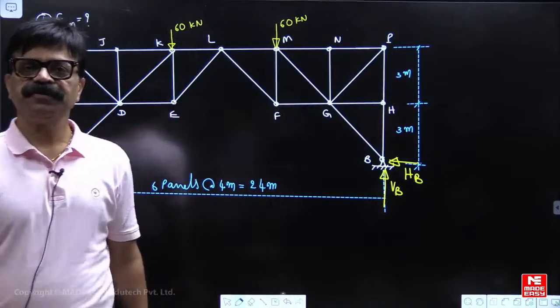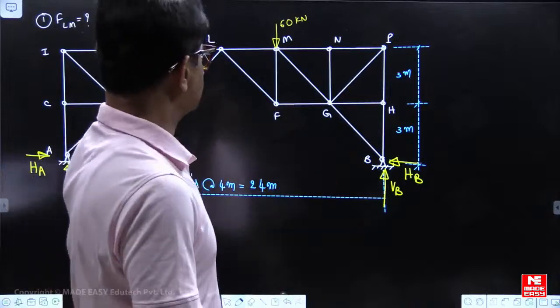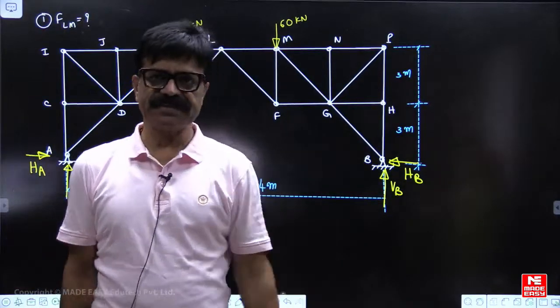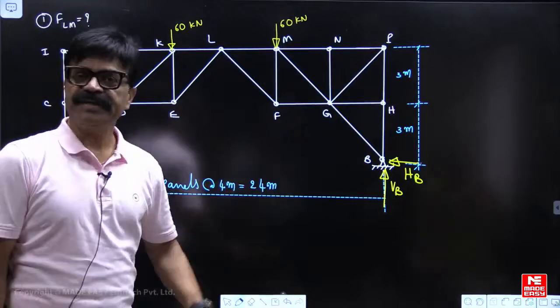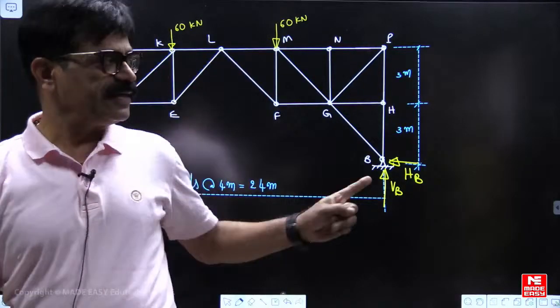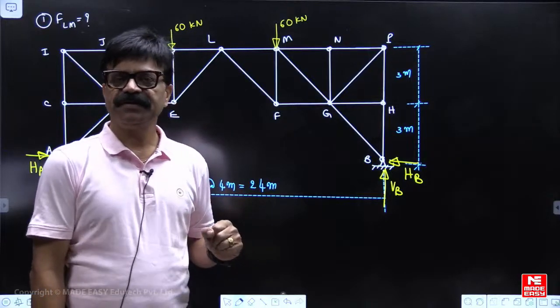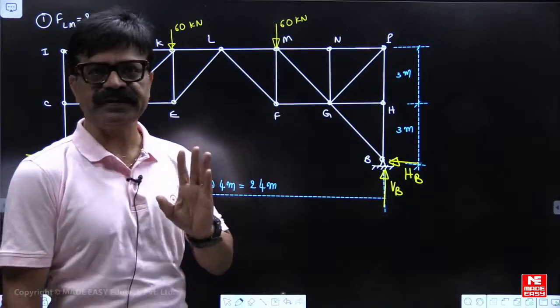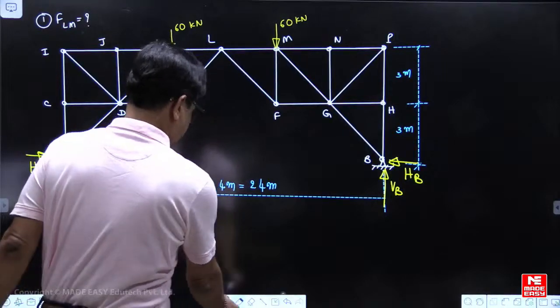Before we find the force in member LM, you must first find the reactions. There are 4 reactions, but we have only 3 equations of equilibrium. So one reaction is extra, which means you have to use the method of sections once to find the support reactions.